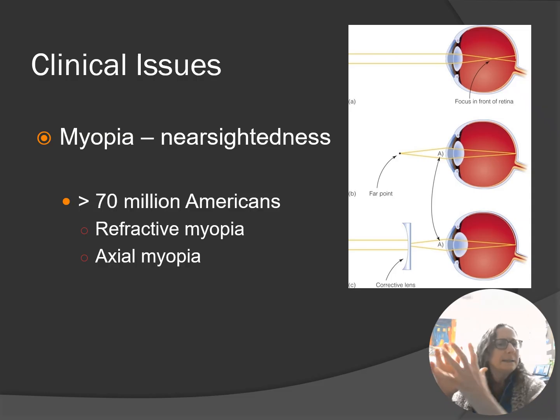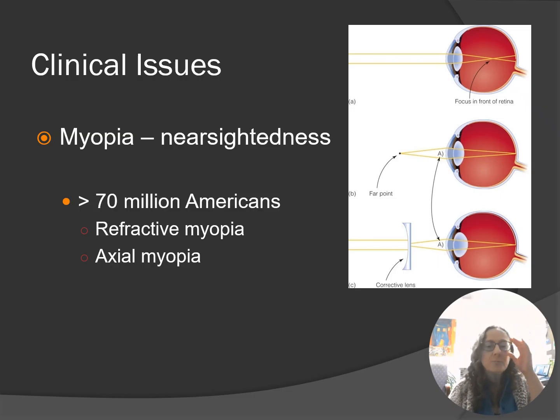Someone's lens and cornea are basically bending light like a quote-unquote normal person, but their eyeball is longer, and so it's still not getting all the way back to the retina. I will say this is the kind of myopia that I have, apparently, as a doctor has talked to me about my eyeball being too long before, and I was like, oh, so I have the axial myopia, apparently.